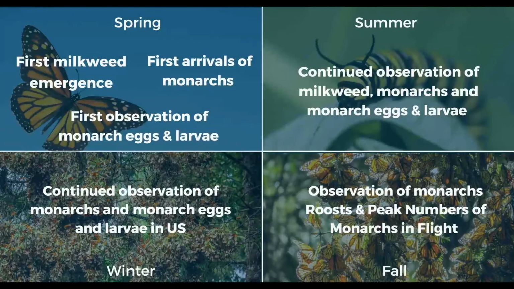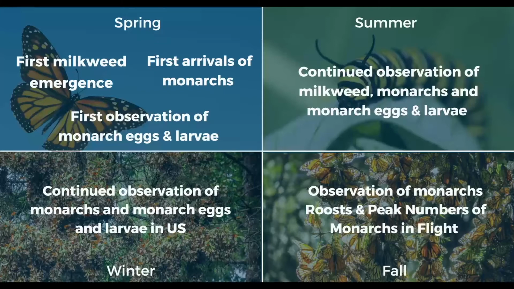So I just thought I would run through some of the things that you can do if you were interested in tracking monarchs in particular. It's a year-round tracking effort. In the spring, once we send out a notice saying that the monarchs have left the Monarch Biosphere Reserve, people start looking right away for those first arrivals of monarchs.